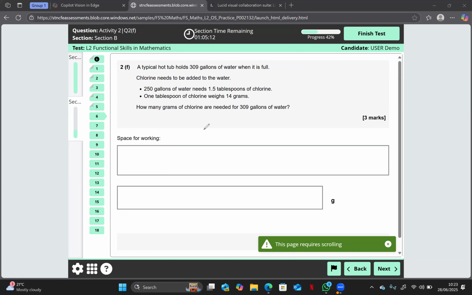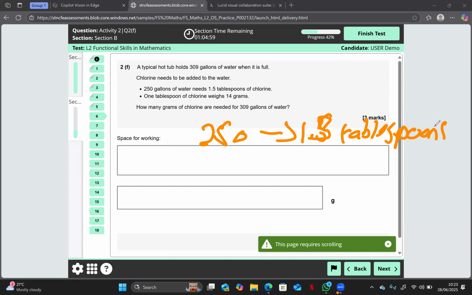So 250 gallons requires 1.5 tablespoons.